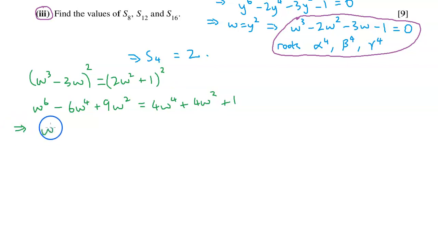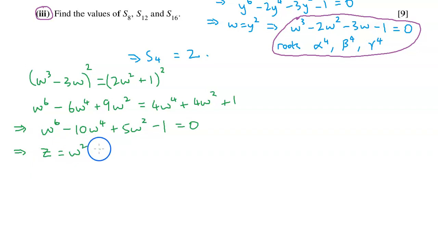And then rearranging, w to the 6 minus 10w to the 4 plus 5w squared minus 1 equals 0. And then we'll make a substitution, choose another letter, z. z equals w squared. So we get z cubed minus 10z squared plus 5z minus 1 equals 0.